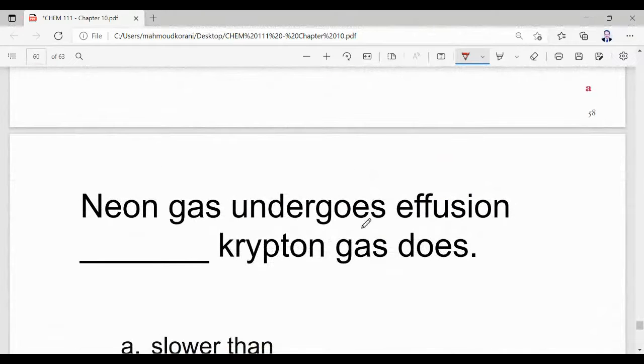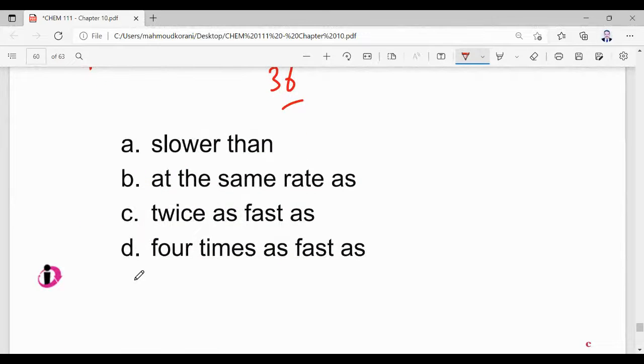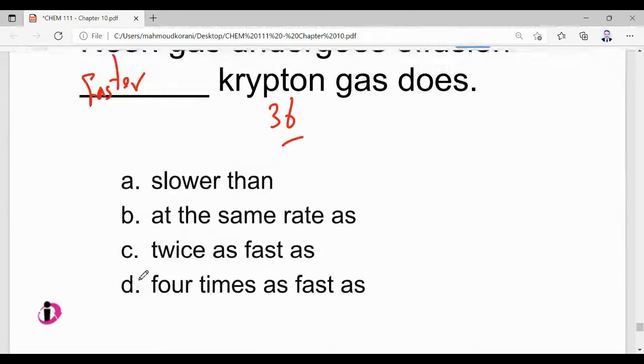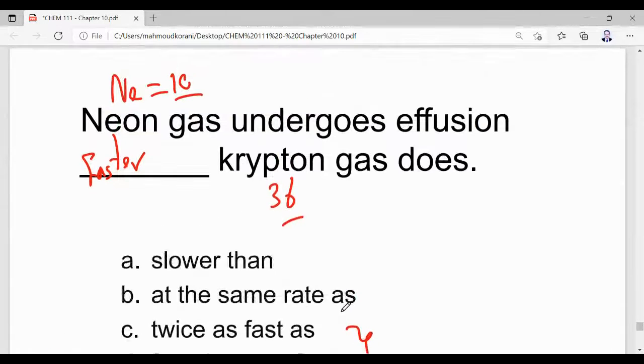Neon gas undergoes effusion, compared with krypton. Neon molar mass 10, krypton, I think 36. This one is lighter than that one, so it should diffuse faster. The options are slower than, twice as fast as, four times as fast.